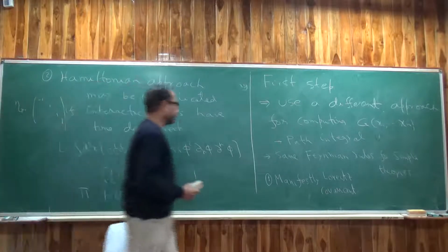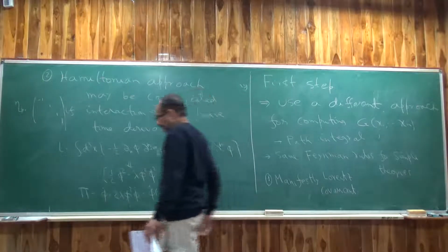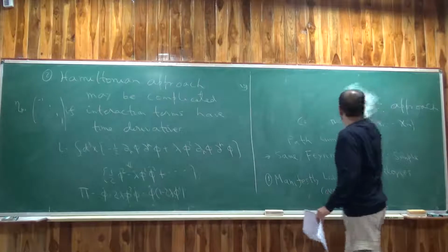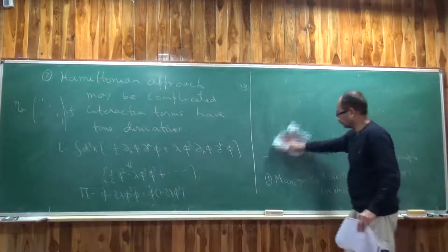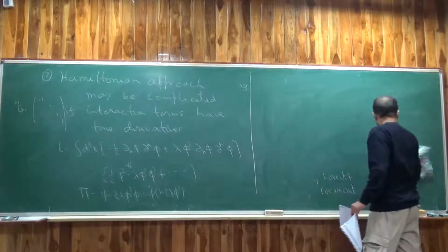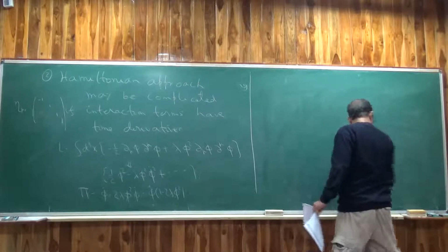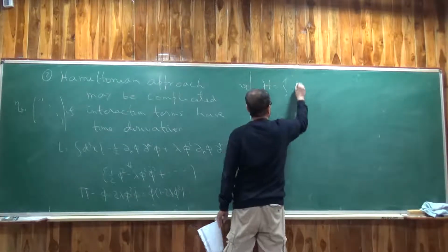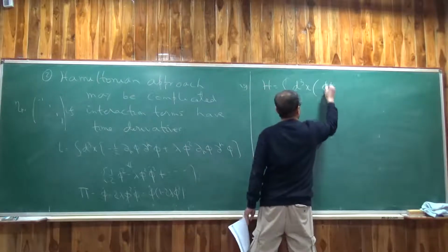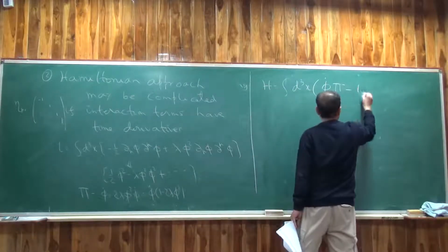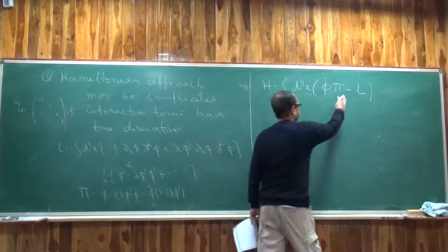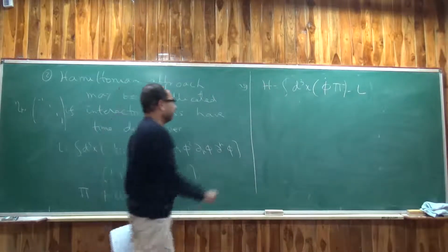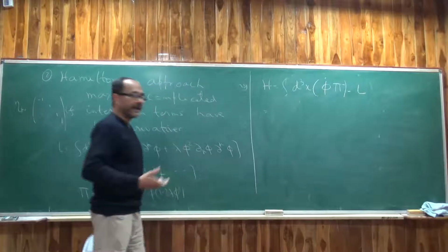So now if you want to derive the Hamiltonian in the presence of this interaction term, the Hamiltonian will be integral d cube x of phi dot pi minus L. And then you are supposed to re-express this in terms of pi, not phi dot.